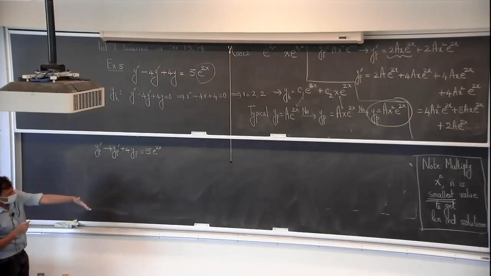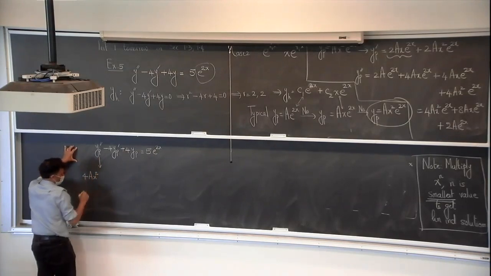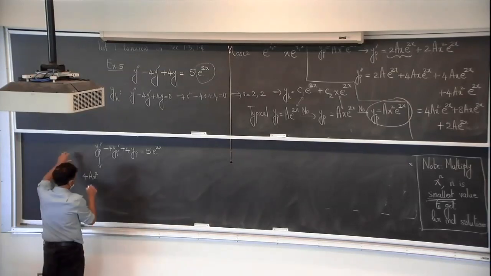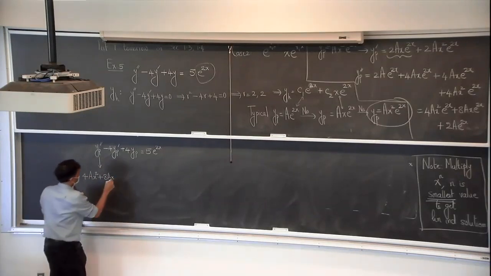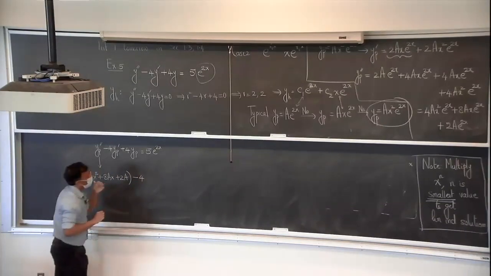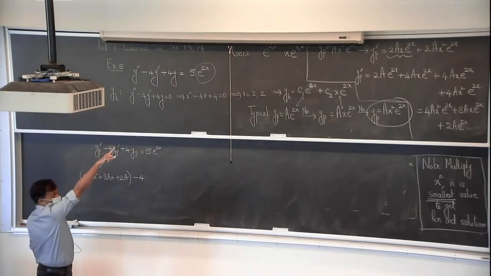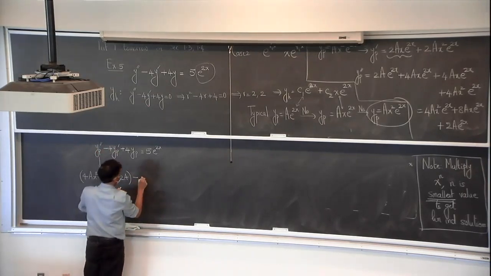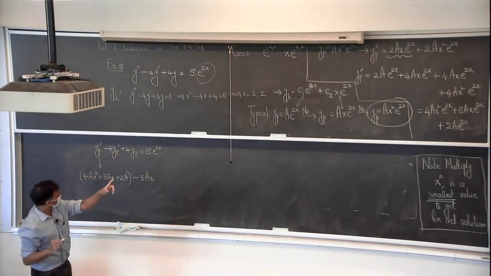When you plug in all those terms into here, it's going to be 4x square. Just factor out e to the 2x at the end, just to make it more compact. So it's going to be 4x square plus 8x plus 2a, minus 4 yp prime is going to be minus 4 times that top term. It's going to be minus 8x, and you have minus 8x square.